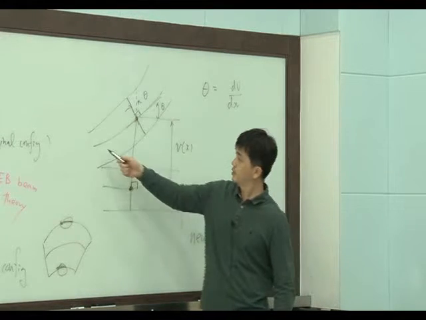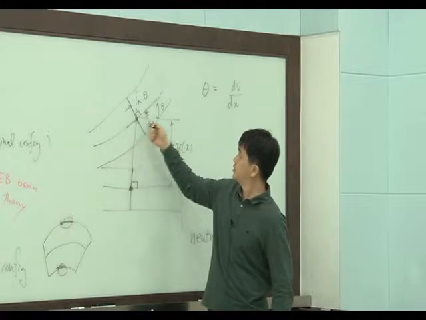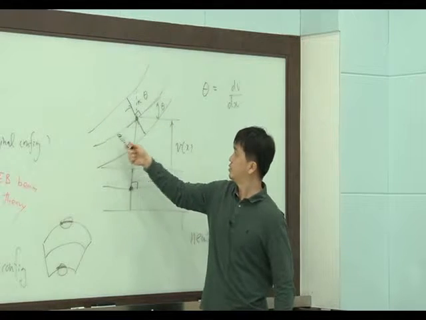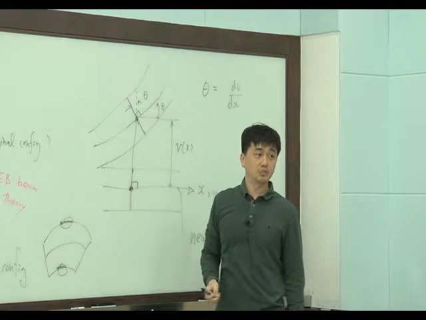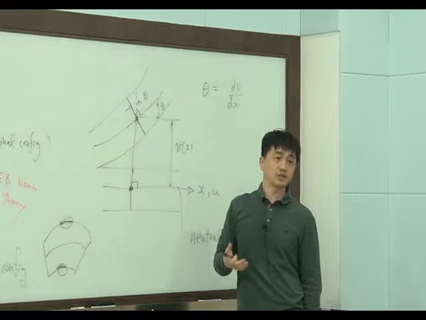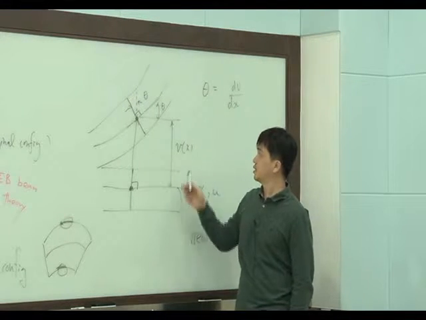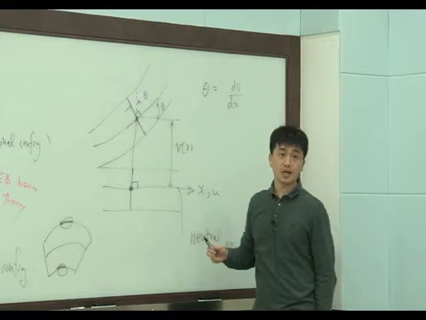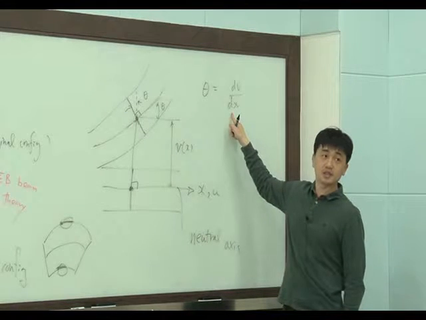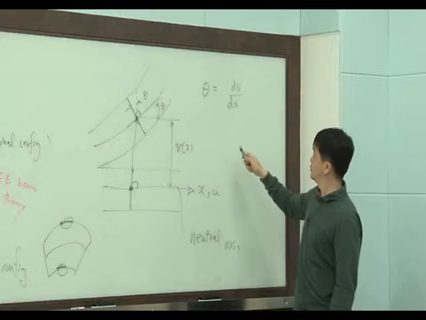You can think this neutral axis of the deformed beam is some function. Have a function v, and slope can be calculated by differentiation with respect to x, right?